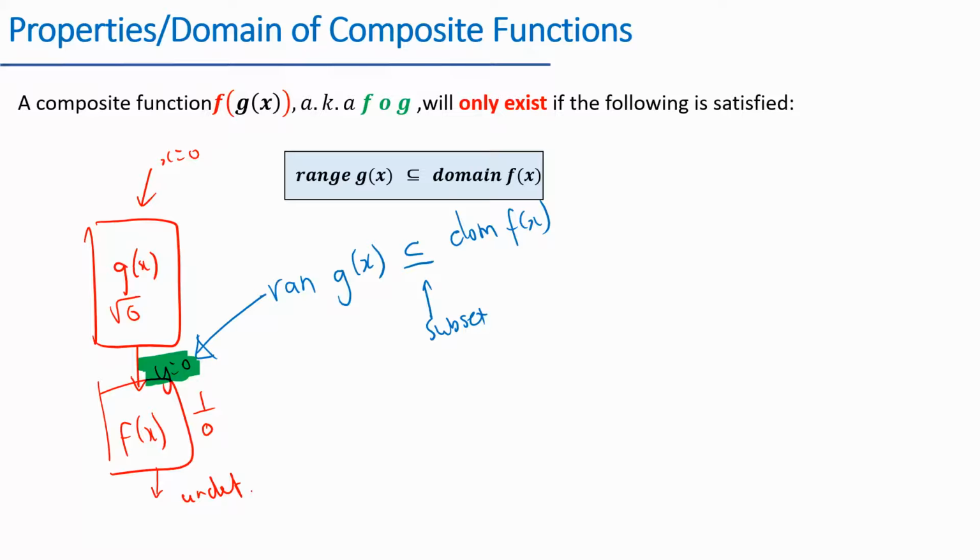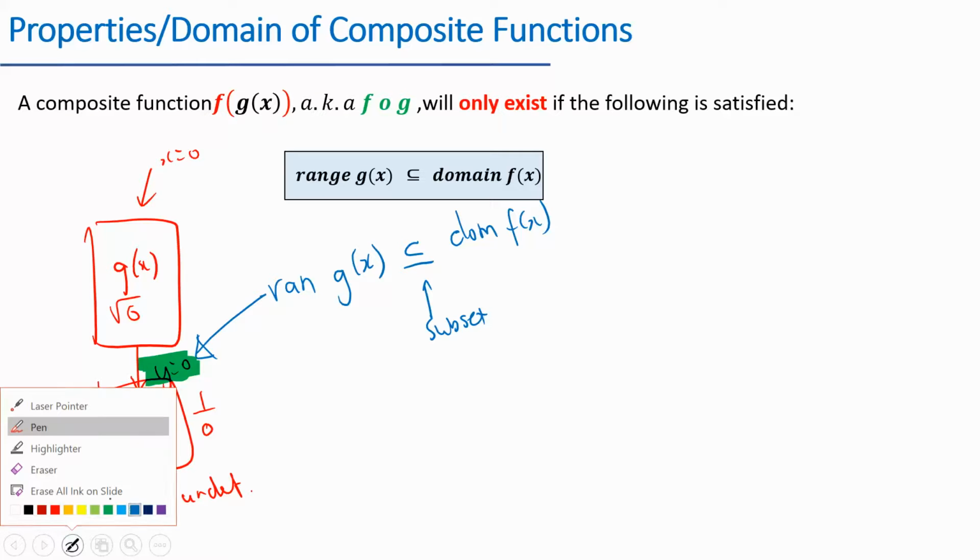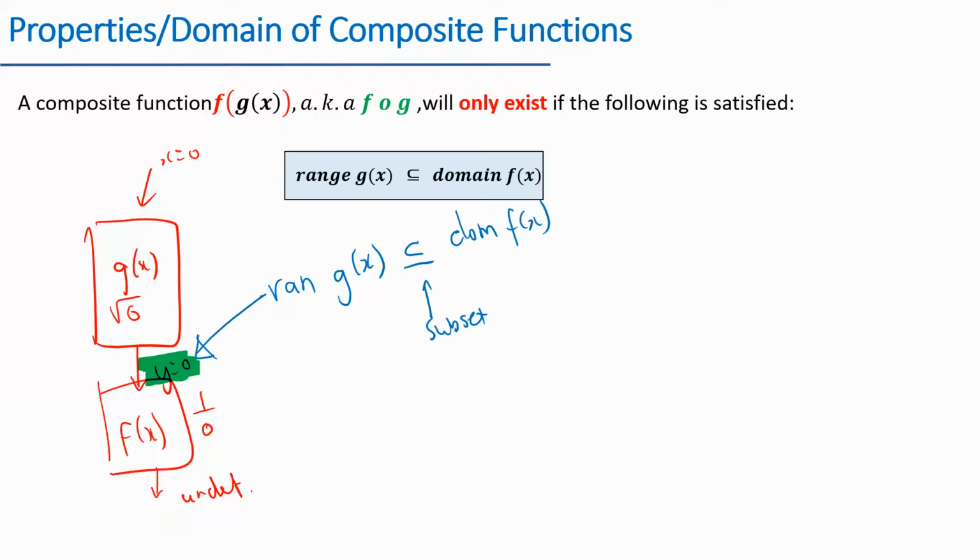Just to clarify, I need you to listen to this second part here. Alfie asked, if f of g of x, which is the composite function, is the domain of that equal to the range of g of x?